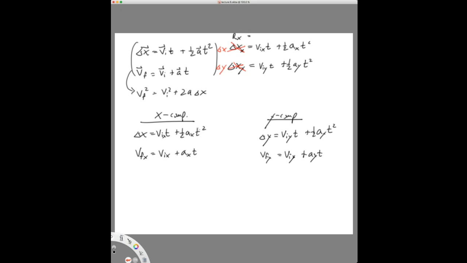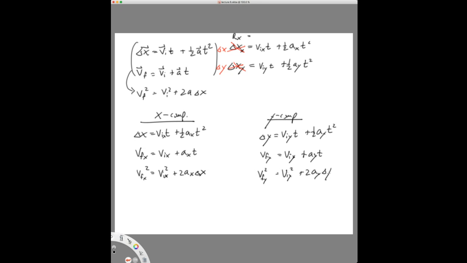So in the same way, we could combine these two to get a third master equation for x components: v final x squared equals v initial x squared plus 2 a x delta x, and on the right-hand side, v final y squared equals v initial y squared plus 2 a y delta y.